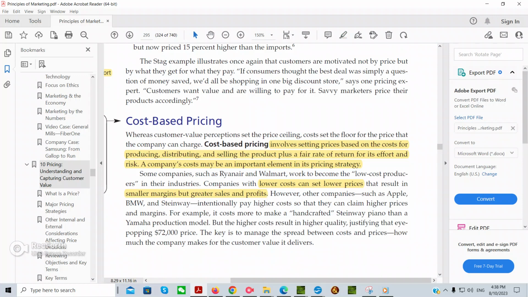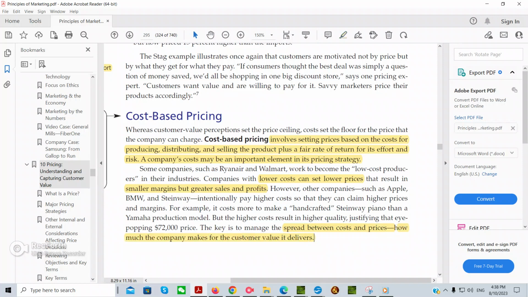Pricing is about managing the spread between costs and prices. The spread is the difference in terms of numbers, and how much the company makes for the customer value it delivers.